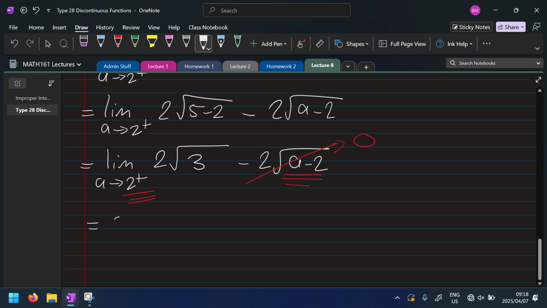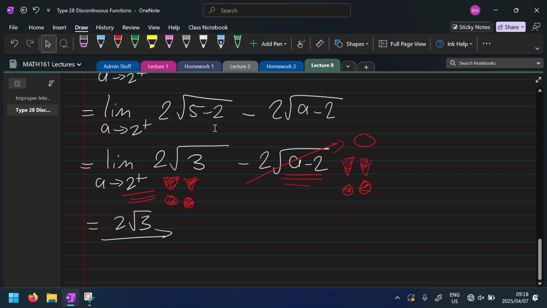So this is 2 root 3. And again, be very careful with how you take these limits. So just some warning over there. This limit over here is needed for that root over there.